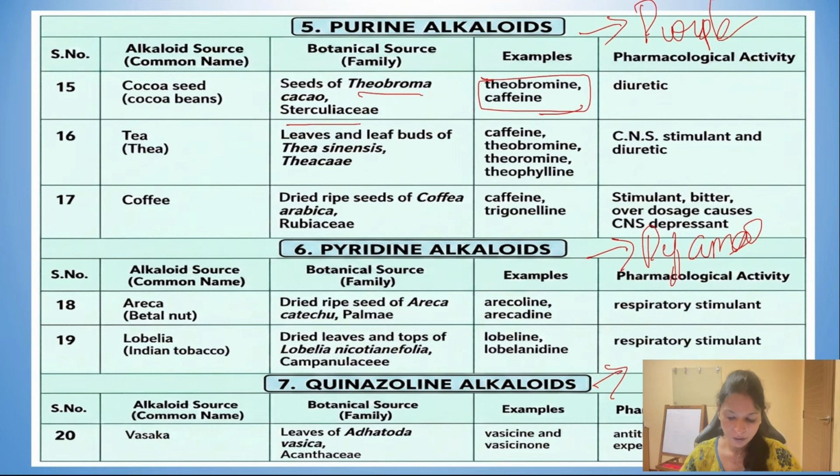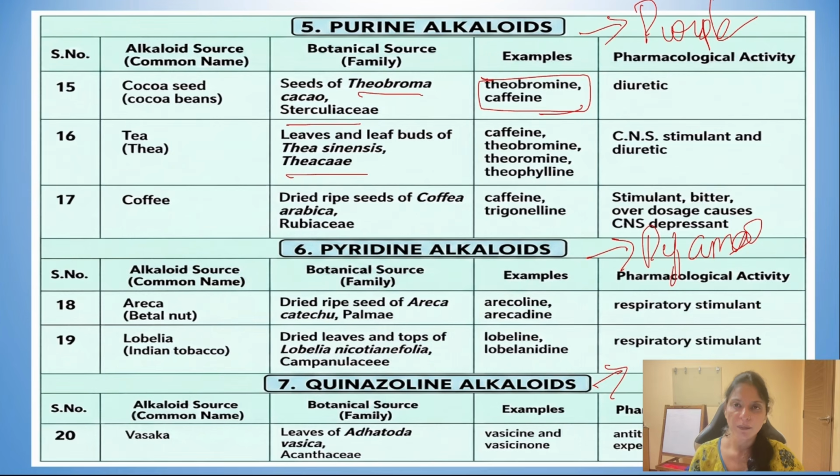Okay, tea and coffee. Coming to the next example, tea, which is also called thea, because the source is the leaves and leaf buds of Thea sinensis, hence the other name is thea. The family is Theaceae. The main active constituents are caffeine, theobromine and theophylline.